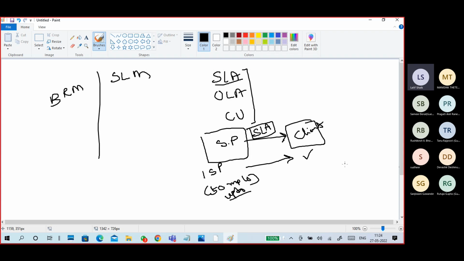100% uptime, for example. So when I get a problem, when the internet is disconnected and is not connecting, the client should get internet always, with no disconnection. But I got a problem.